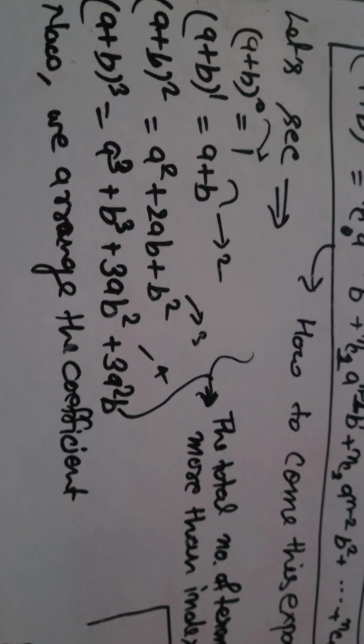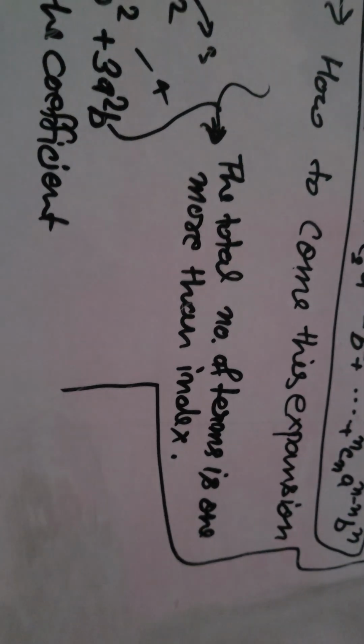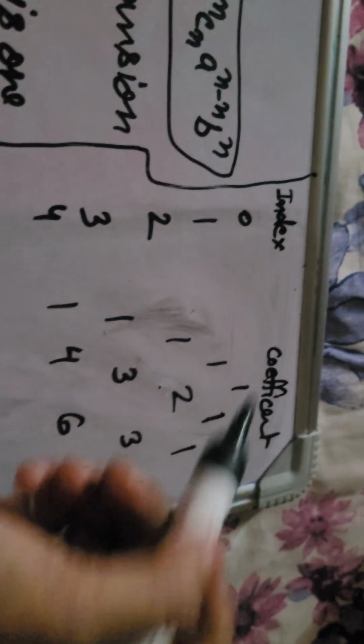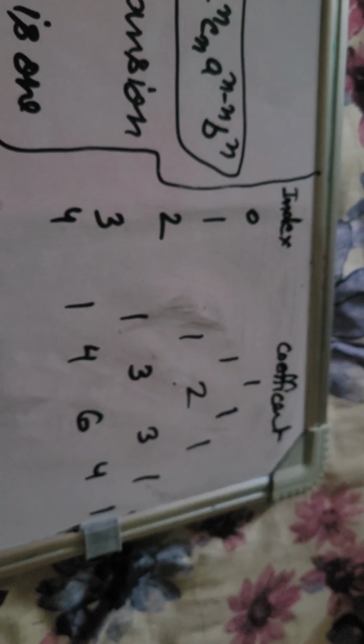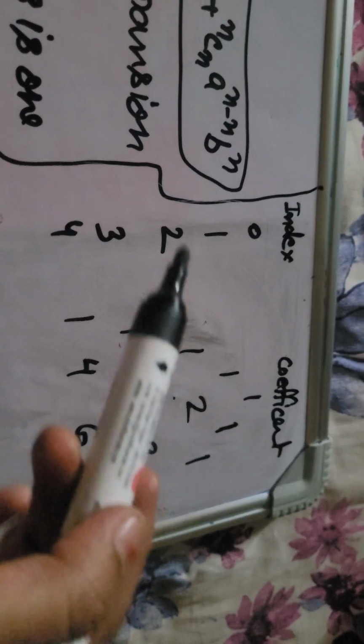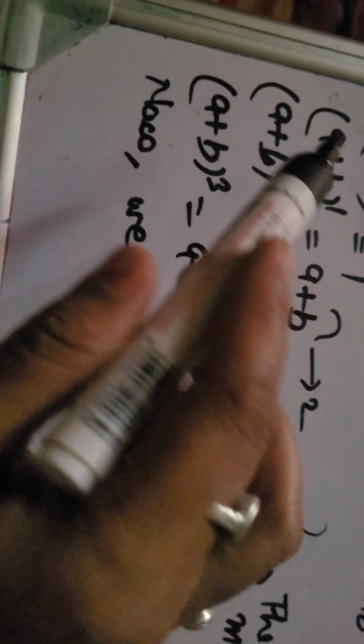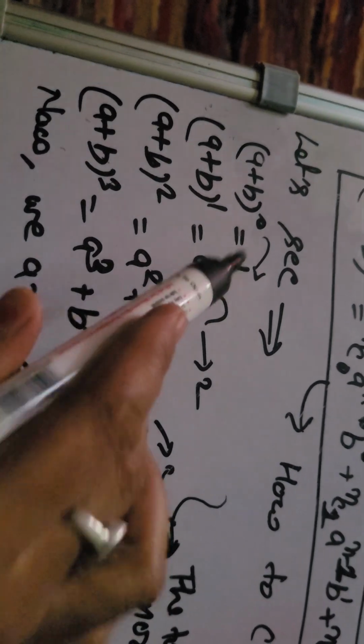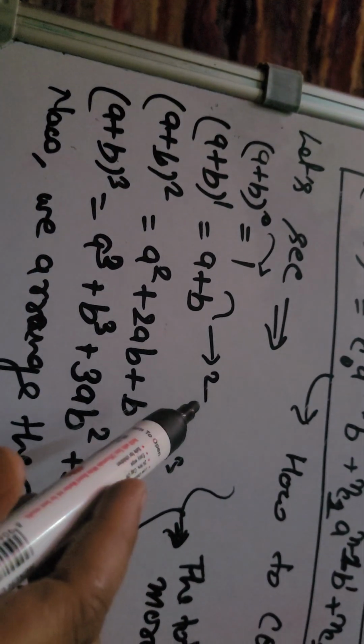Now we arrange the coefficients. How to arrange the coefficients? Let's see. Now we see here the index is 0, 1, 2, 3, 4, and the coefficient is 1. Here I found 0 is the index and the coefficient is 1. Index 1, coefficients 1, 1. Index 2, coefficients 1, 2, 1.